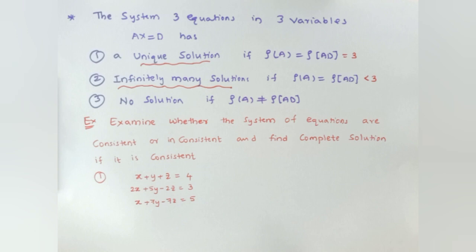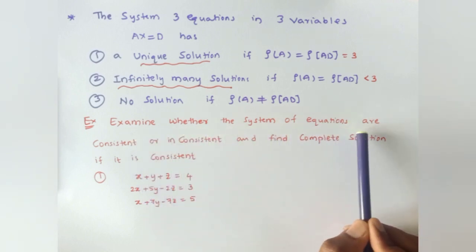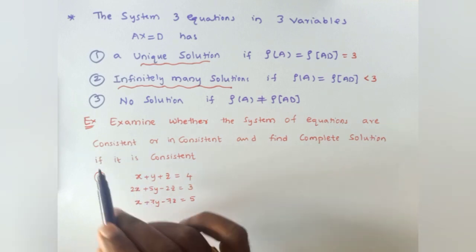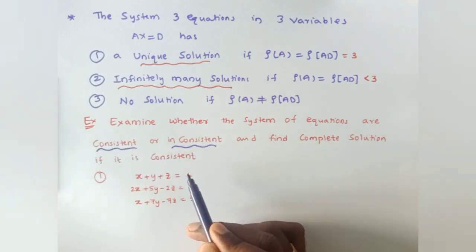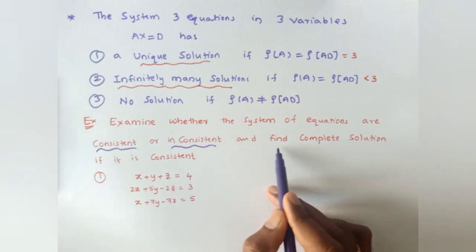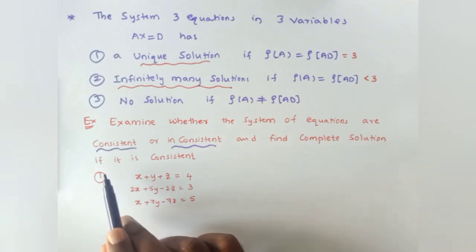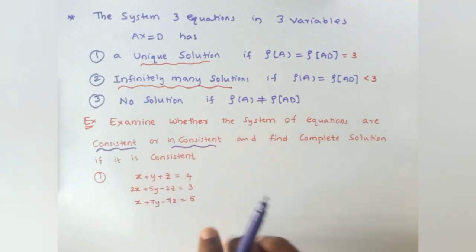Let's see the example. Examine whether the system of equations is consistent or inconsistent. You know how to check consistent and inconsistent. Then also find the complete solution if it is consistent. If it is inconsistent, just leave it.